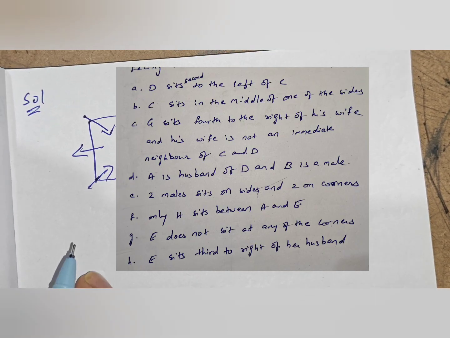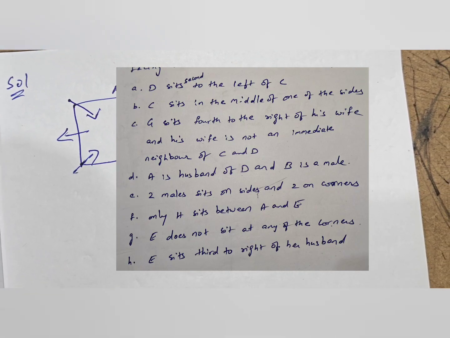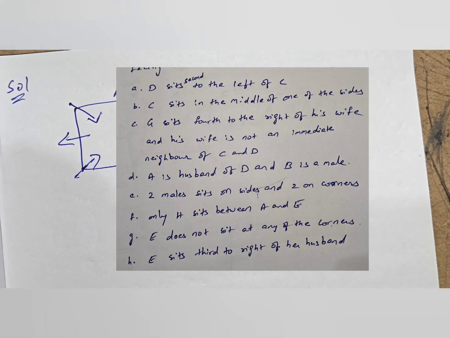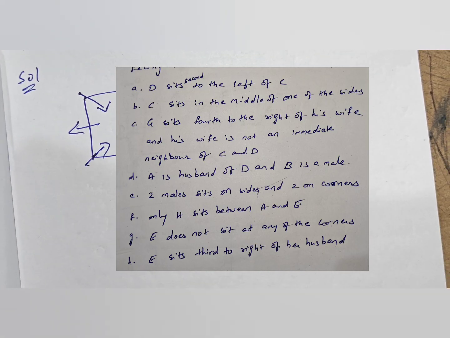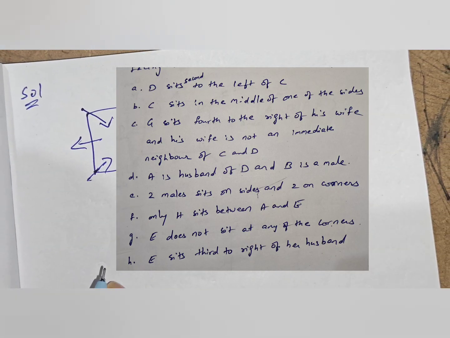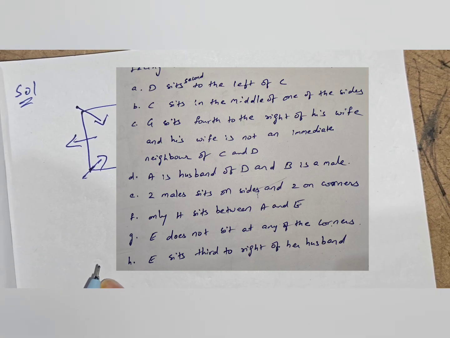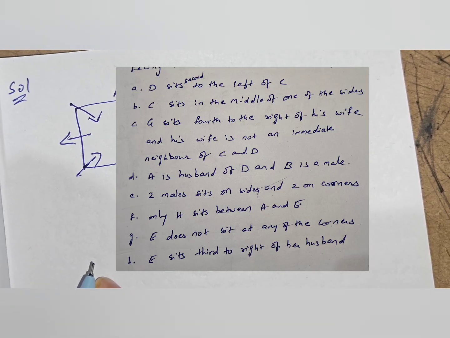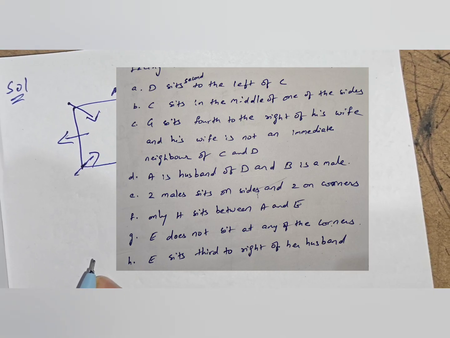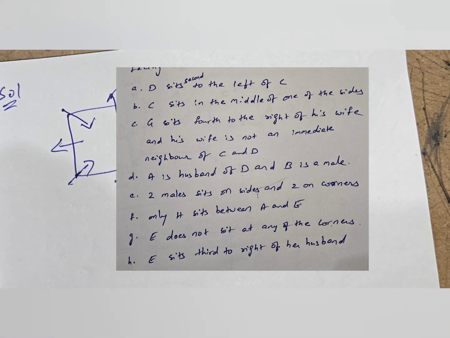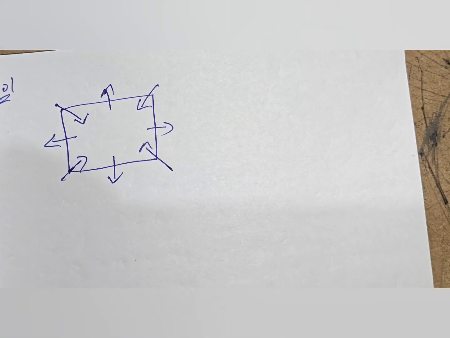That means of four corners, two are male, two are female, and of four sides, two are male and two are female. And E does not sit at any of the corners. E sits third to the right of her husband. So let us assume one point and let us see which is a fixed thing and go ahead.